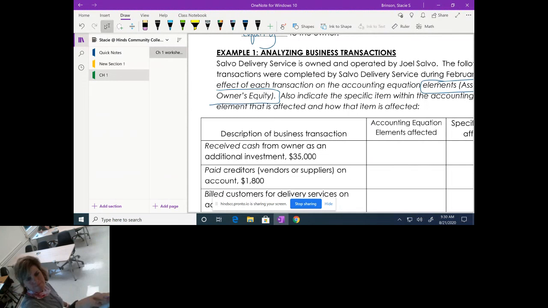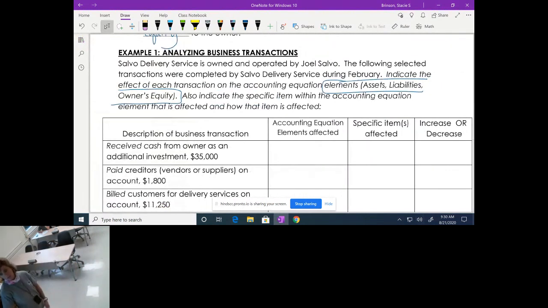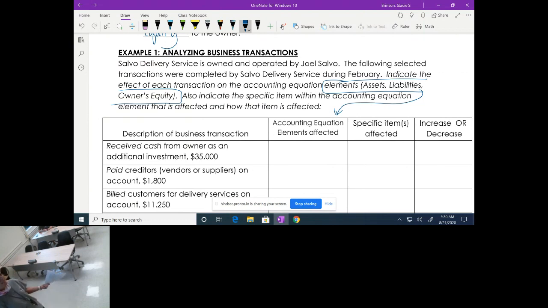I was touching it too hard. Okay, so what we're supposed to do here is determine which accounting element is affected. And then in the next column, we're going to indicate the specific item, which means, is it cash?